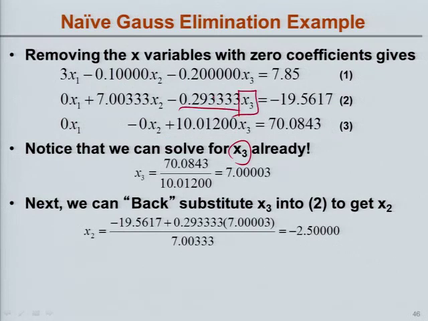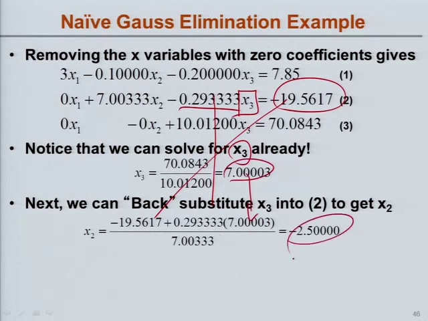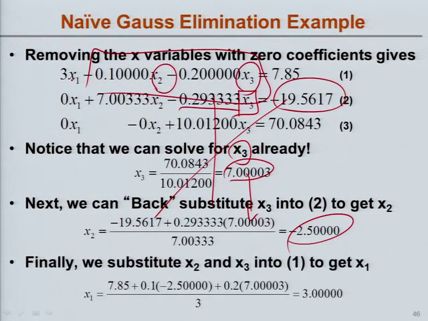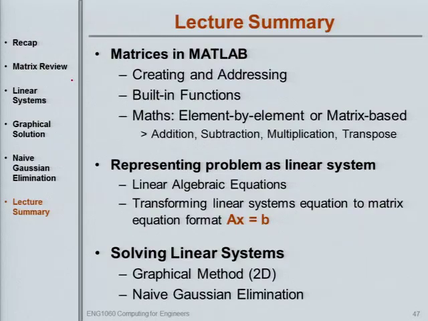So we've got this coefficient here, the negative 19 goes there, and the value we've just calculated goes in there. So x2 is just equal to negative 2.5. We've now got x3 and x2. We can go up to this equation, substitute x2 and x3 in here, and calculate x1 equal to 3. That is Gaussian elimination.